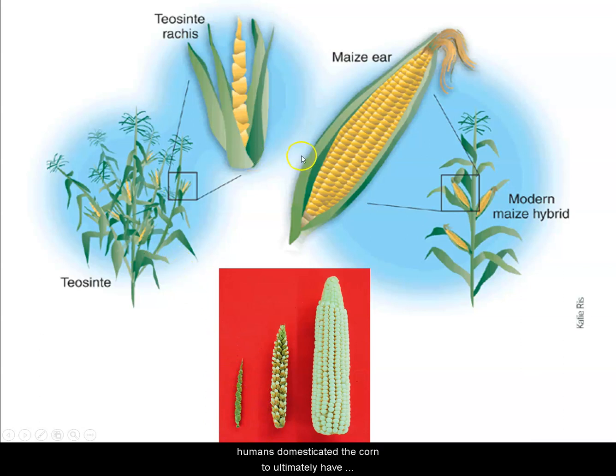But over time, humans domesticated the corn to ultimately have starchy, plump seeds versus these really hard, husky ones down here. And so this took thousands of years of domestication, but it was constantly selecting the plants that had the features that were wanted, and then breeding them back, and only breeding those plants that had the useful features to them.